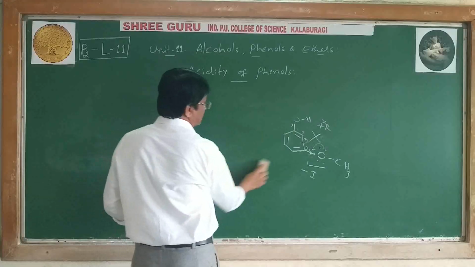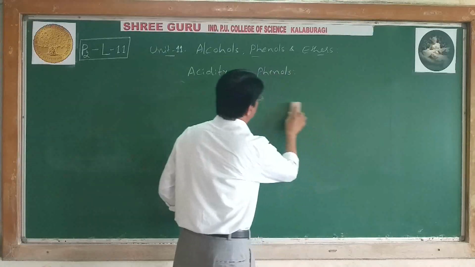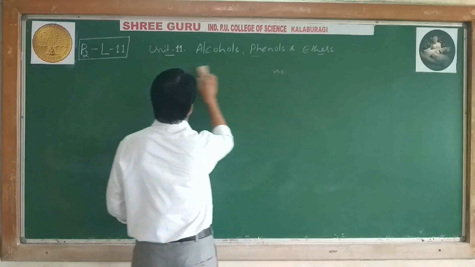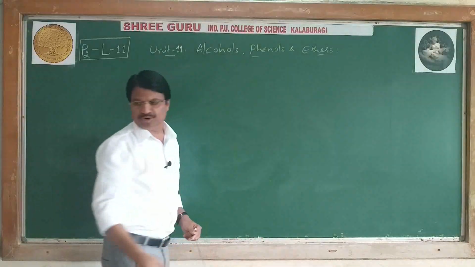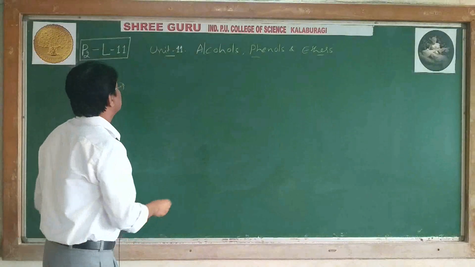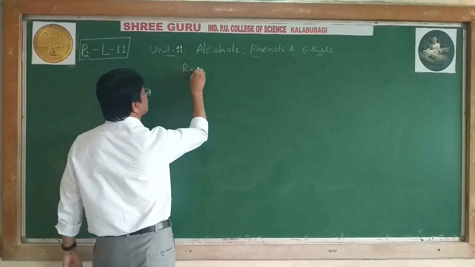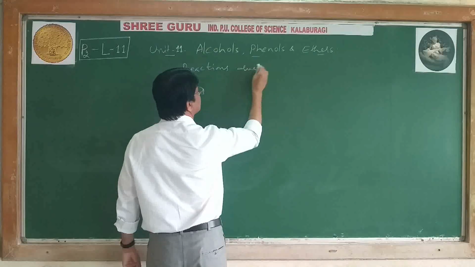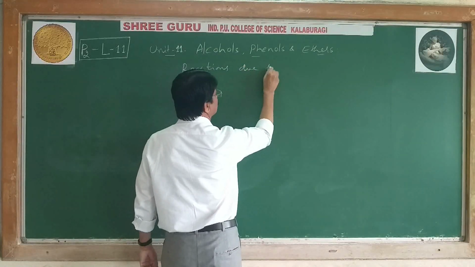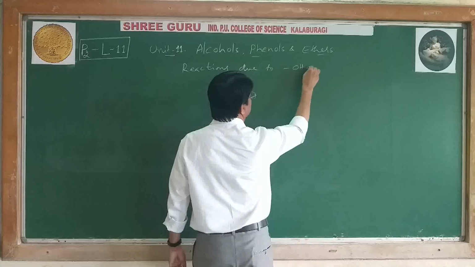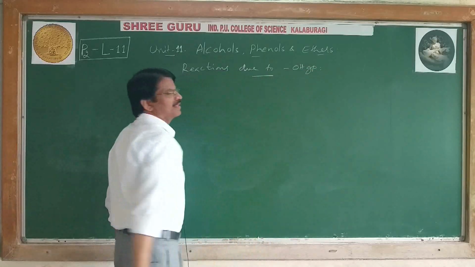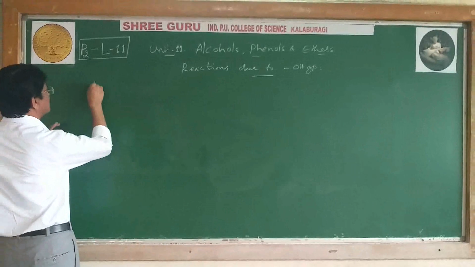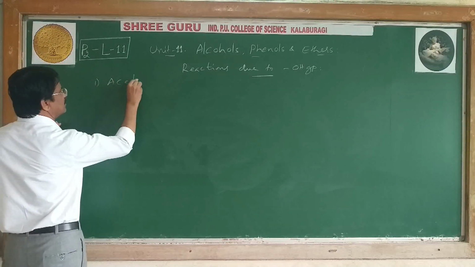Next we will study some reactions due to OH bond cleavage, then C-O bond cleavage. Both we can consider. Reactions due to the OH group. Under this we will study first acetylation.